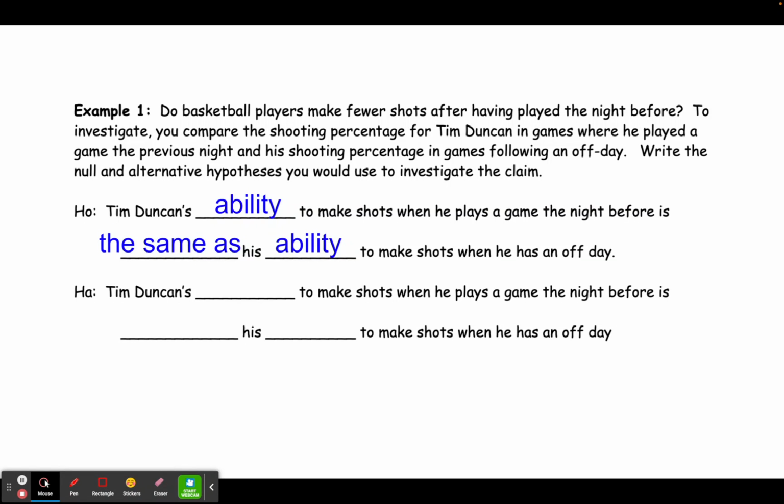Our alternative hypothesis then would be something like Tim Duncan's ability to make shots when he plays a game the night before is less than his ability to make shots when he has an off day. Now, another way that you could have worded that is to say that his ability to make shots when he has an off day is greater than his ability to make shots when he plays a game the night before.